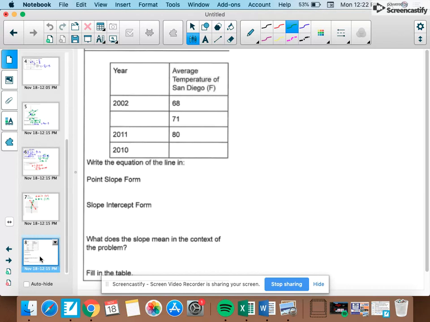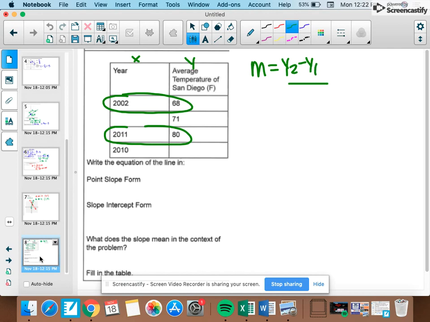So the slope for this line, I'm using these 2 points because that's where I have an x and that's where I have a y. So again, if I'm looking at my table, that's going to be x and y. So slope formula is y2 minus y1 over x2 minus x1. So I'm going to have the points (2002, 68) and (2011, 80).